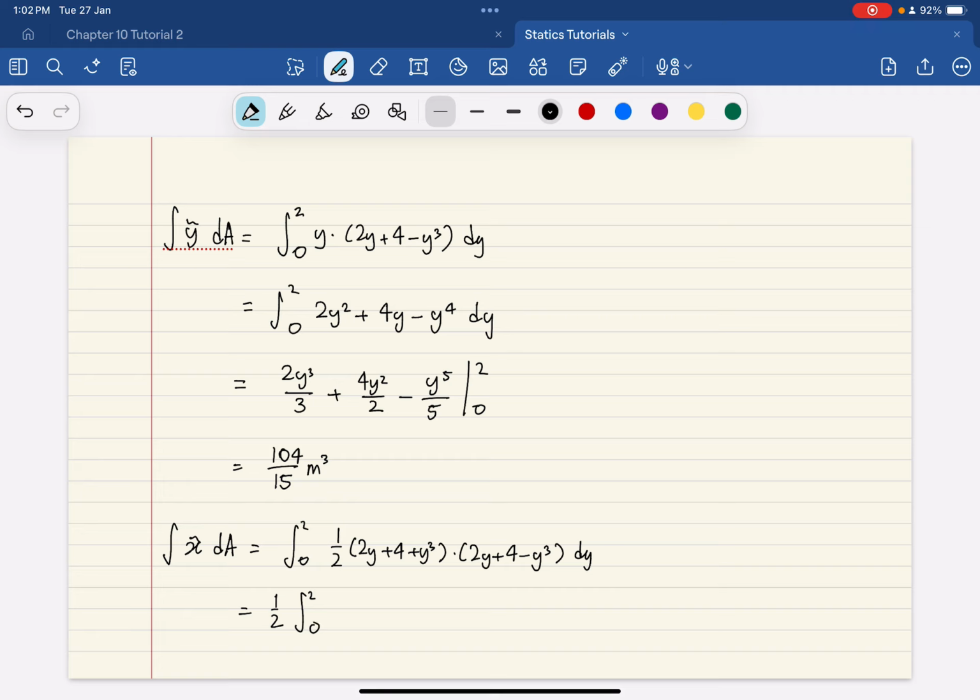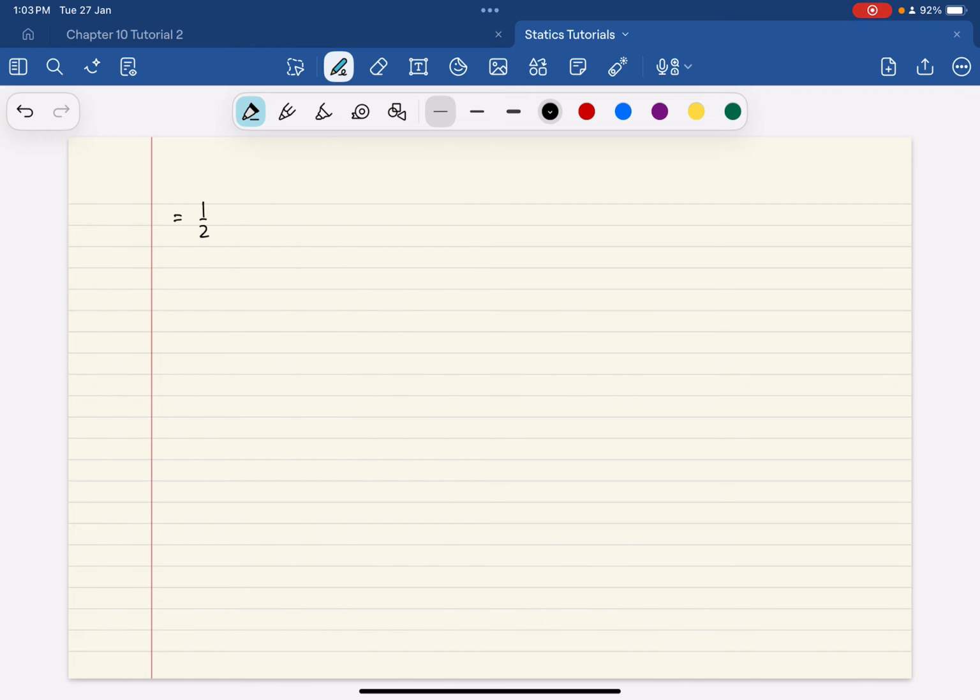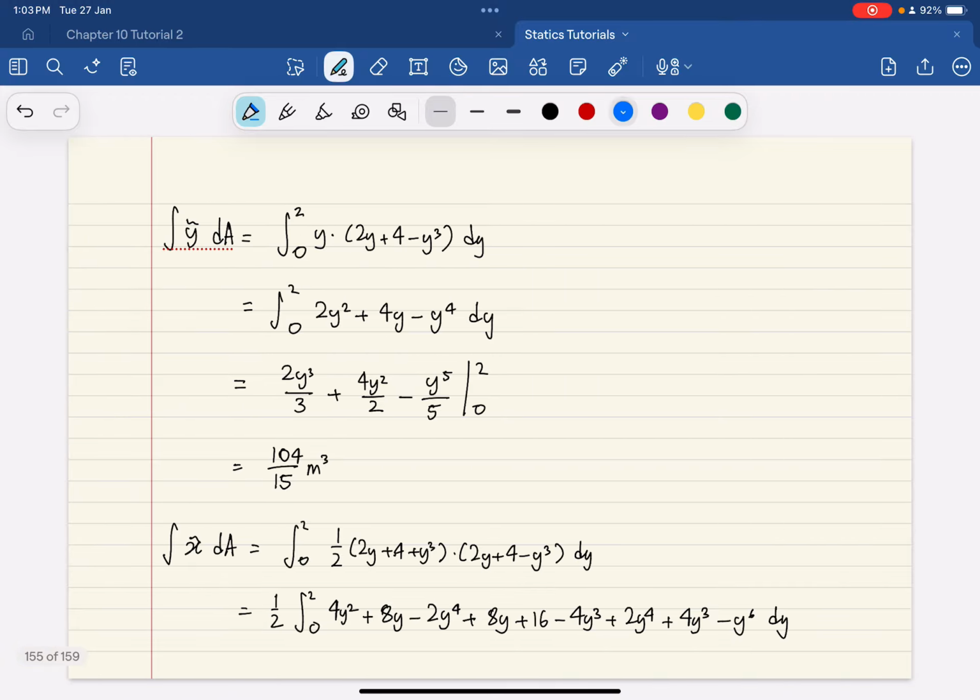So 2y times 2y is 4y squared. 2y times 4 becomes 8y, minus 2y to the power 4, plus 8y, plus 16, minus 4y cubed. The last ones are plus 2y to the power 4, plus 4y cubed, minus y to the power 6 dy. So simplify the expression, half with limits 2 and 0. Let's take the terms.